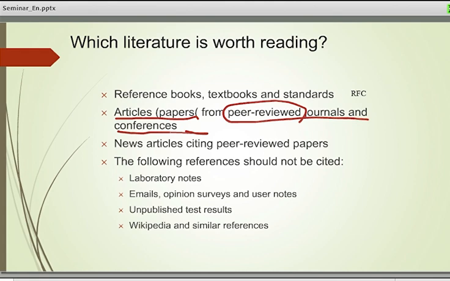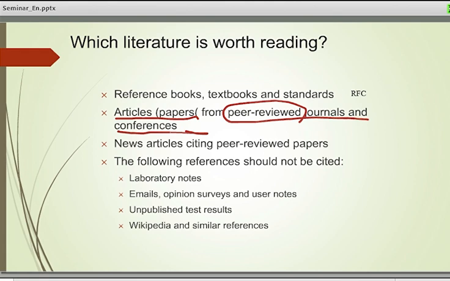In that process, multiple referees or examiners read the paper, ask questions from the author, and make sure that the paper is authentic and reliable. So the papers that you download from prominent journals, from famous journals or conferences, are reliable and you can use them in your literature survey.